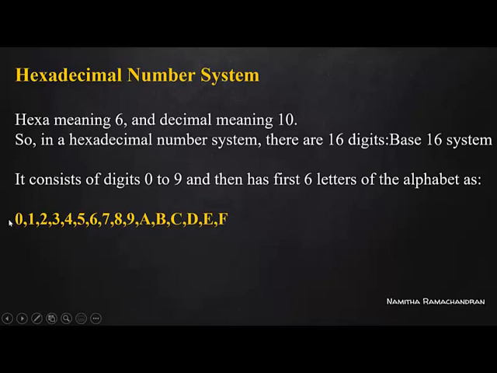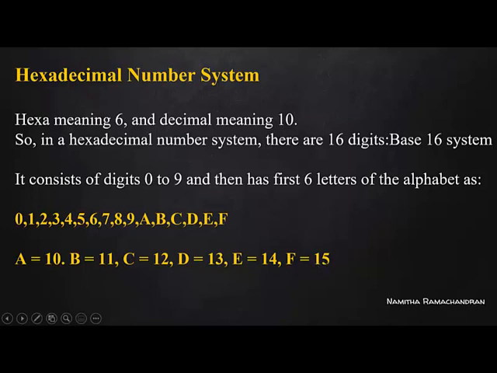Using these digits, we can represent any number in this hexadecimal system. The symbol A indicates decimal 10, B indicates decimal 11, C indicates decimal 12, D is equivalent to decimal 13, E is equivalent to decimal 14 and F is equivalent to decimal 15.